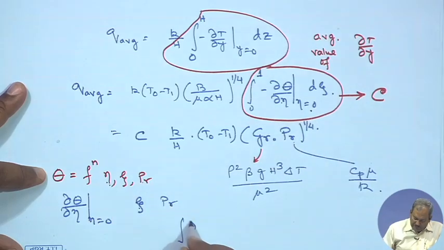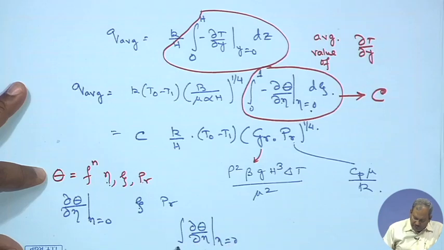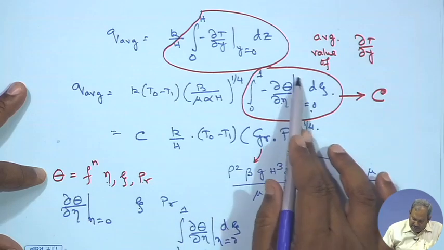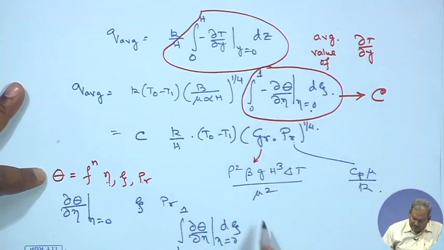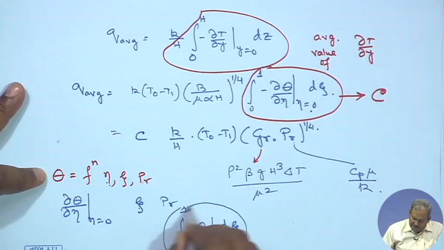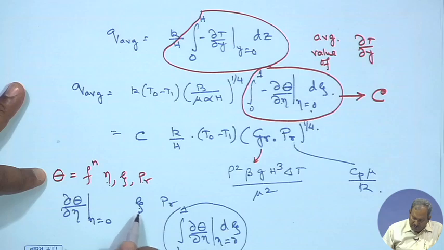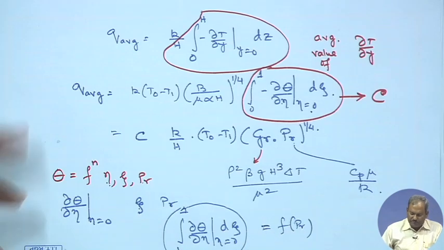What we are doing is integrating, a definite integral from 0 to 1 over d zeta. Since we are taking a definite integral of the gradient over zeta, this entire thing cannot be a function of zeta, it can only be a function of Prandtl number.